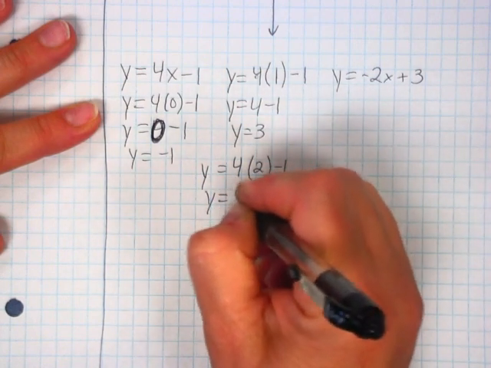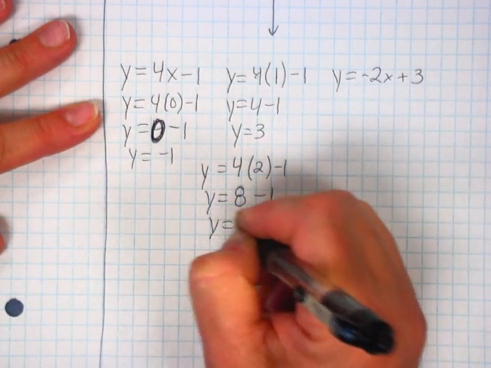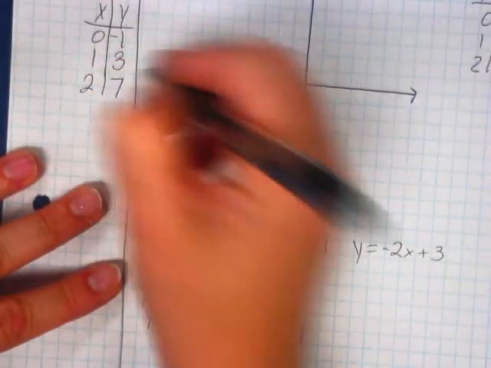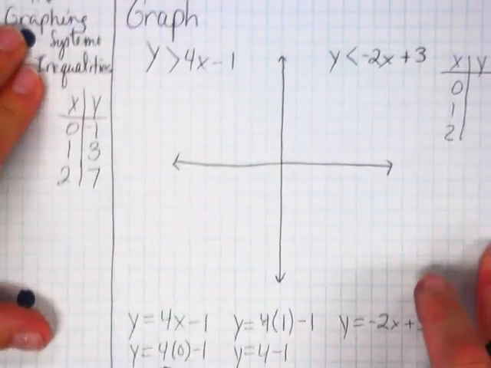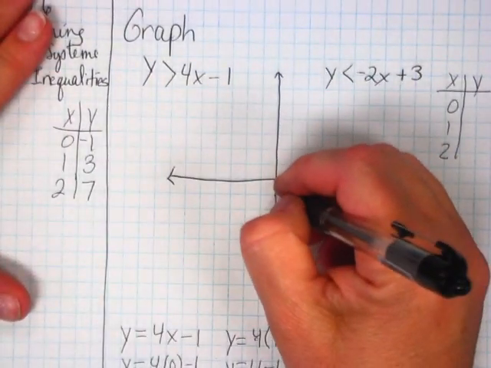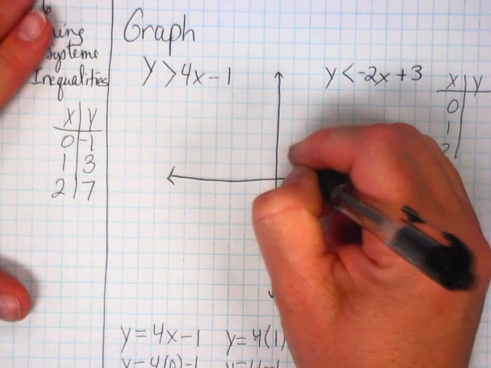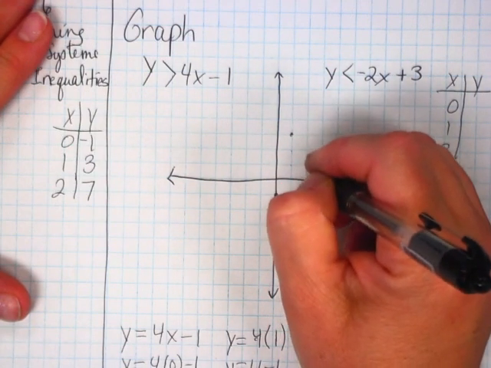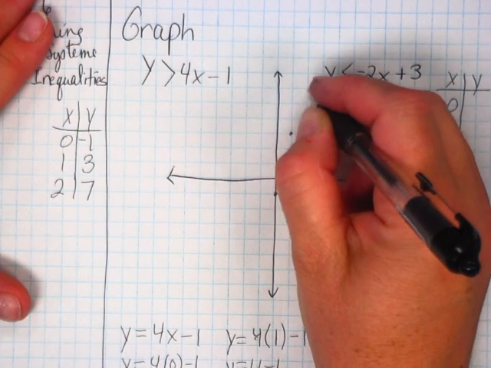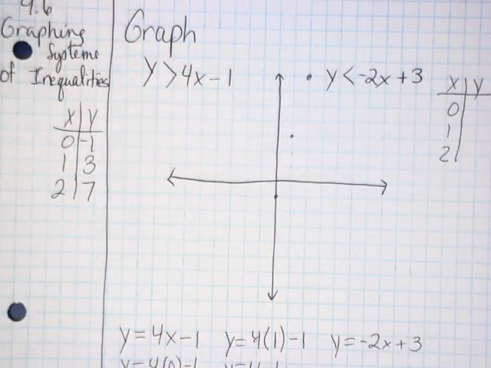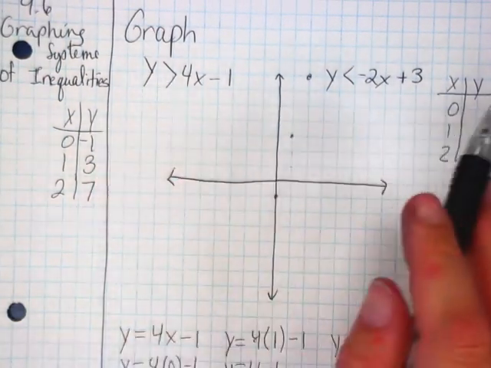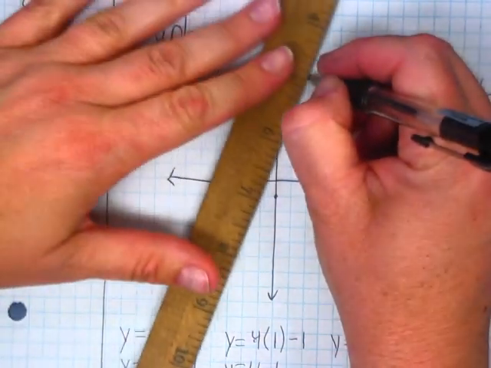So y equals 8 minus 1. Y equals 7. So now let's go ahead and graph the first one. 0, negative 1, 1, 3, and 2, 7. It's going to be a dashed line. There's no equal sign here, so no solid line.